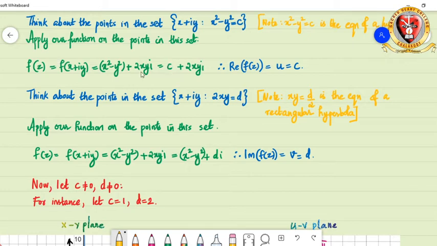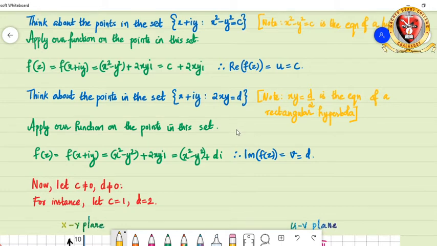So f of z is equal to c plus 2xyi. Now think about the real part of this function f of z, which we call u, and here it is nothing but c. So in this set, if you apply the function f of z is equal to z square, the real part of the image of the point will be c.